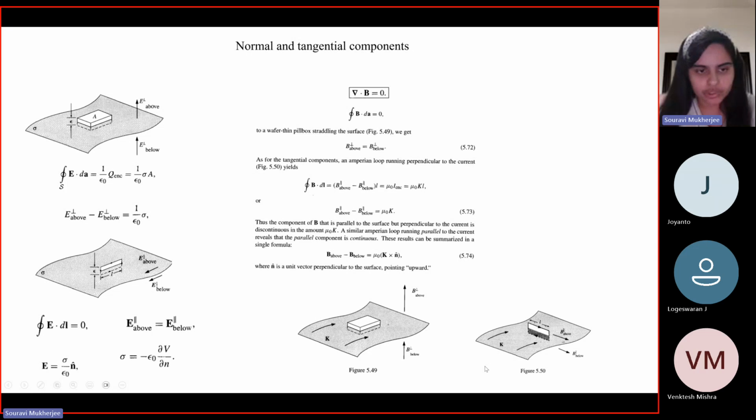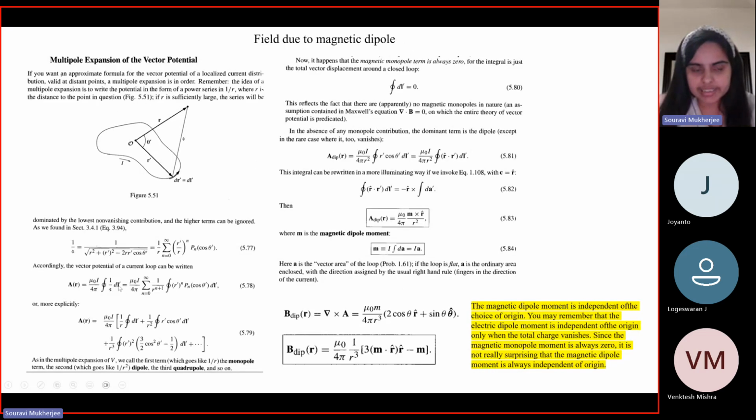So basically, this is what we are trying to do. Now in this loop, you can consider small line elements dl prime, and then consider individual distances from this line element to your field point. There you use your vector calculus to write an expression for r.